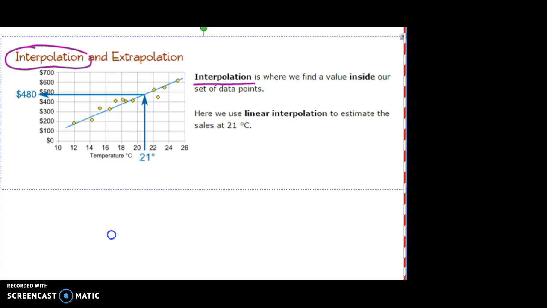They've gone along the x-axis to 21 degrees Celsius, which was not a point in the data on the table. Then you rise up to the line of best fit, and I'm making a point right where they meet. So it probably would be about $480. That's interpolation. You're within the data.